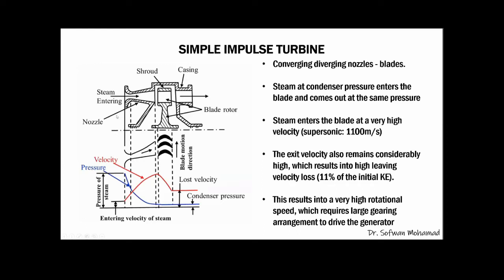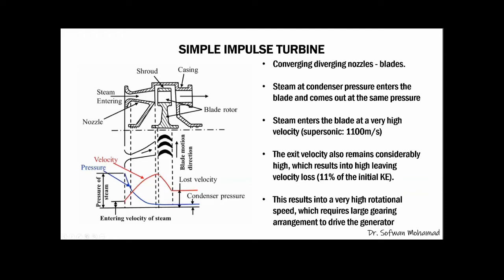As we can see here, when steam enters the nozzle, inside the nozzle the steam pressure will drop, while the velocity of the steam will increase inside the nozzle. And then steam will enter the blade at a very high velocity.